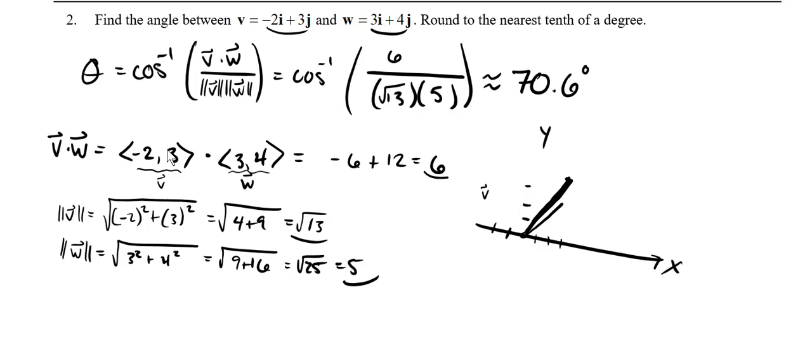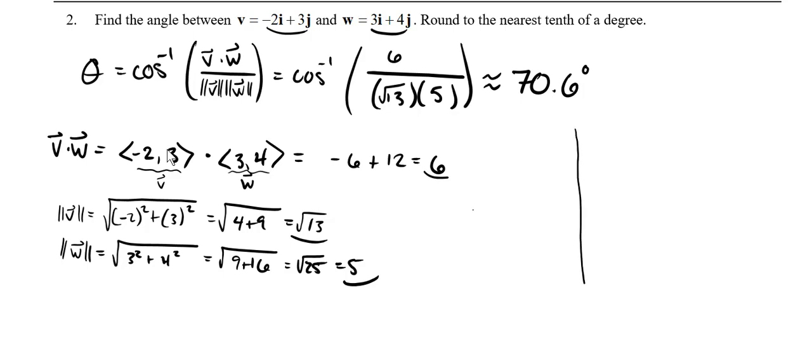So let me draw this better. Let's get a real picture going here. Okay. Let's say that's roughly where the vector v is pointing. Negative 2 in the x, 3 in the y.